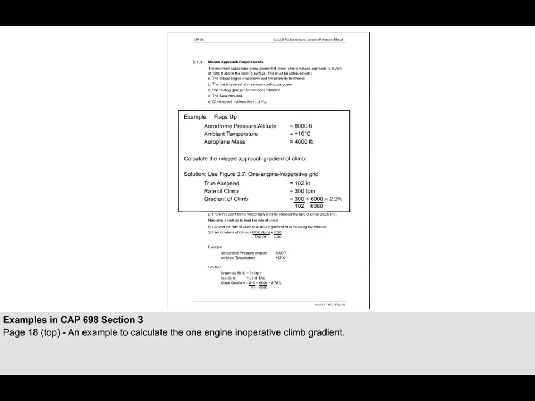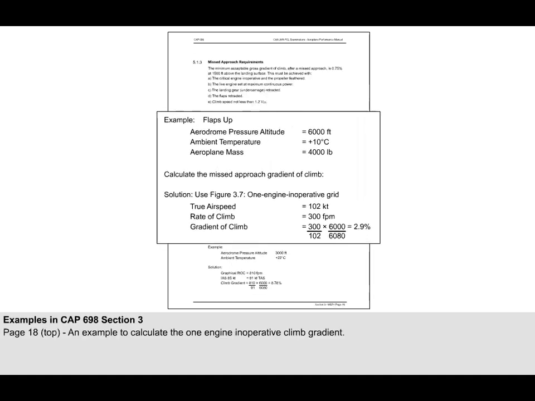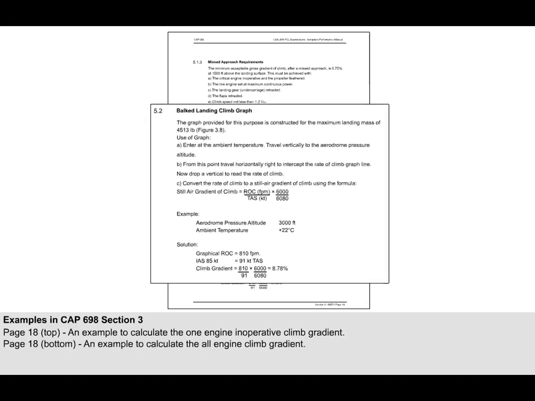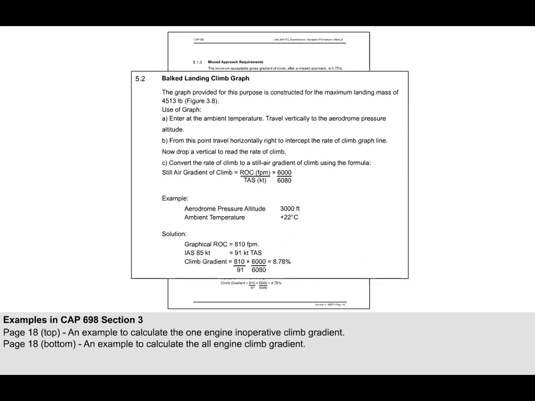Near the top of page 18 is an example of how to calculate the one-engine out gradient using figure 3.7. The bottom half of page 18 is another example of how to calculate the climb gradient, but this time using all engines operating, and it refers to figure 3.8.